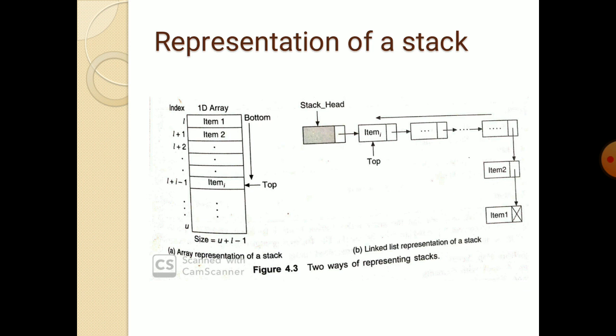Here L is the lower bound and U is the upper bound, and L usually has value 1, and U usually has value size. And we can see here top, and top is the pointer to the top of the stack, the position up to which it is filled with the items of the stack.